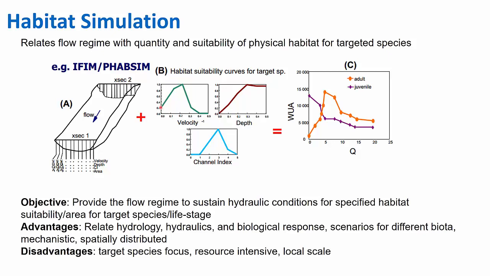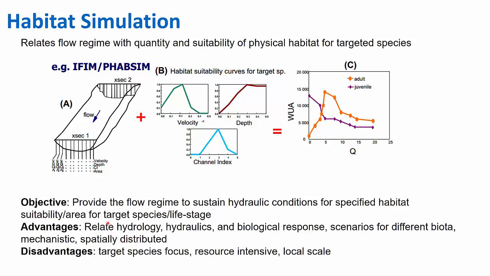So we have developed these curves that are associated with the velocity and depth of water, and that can help us identify at what given flow you may have good habitat, good conditions for adults or for juvenile fish. So they are related to hydrology and hydraulics, so the flow that is in there and a range of depths and velocities.